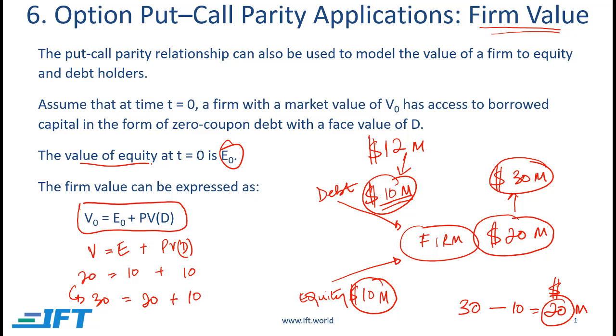And we are assuming that the value of debt is shown with this amount D, which is the face value of, let's say, a zero coupon bond, and that debt amount is shown by D, and they have to pay this back. So let's say they might be paying back 12 million, but the present value of that is 10 million. So the value of a firm is equal to the value of equity plus the present value of debt.